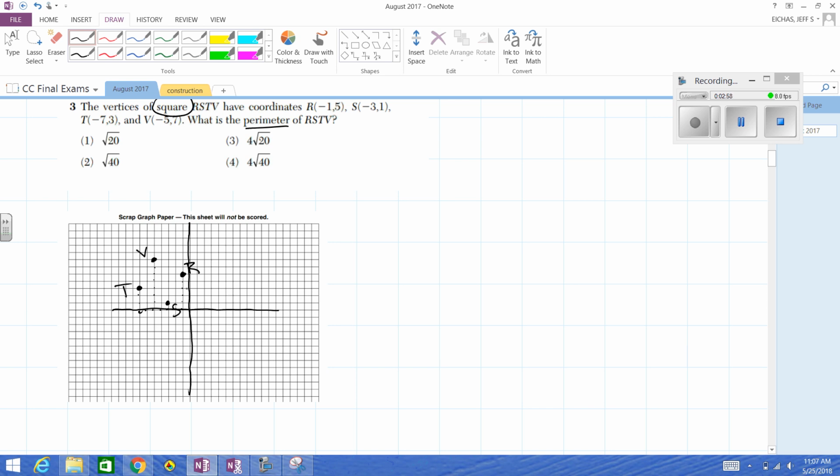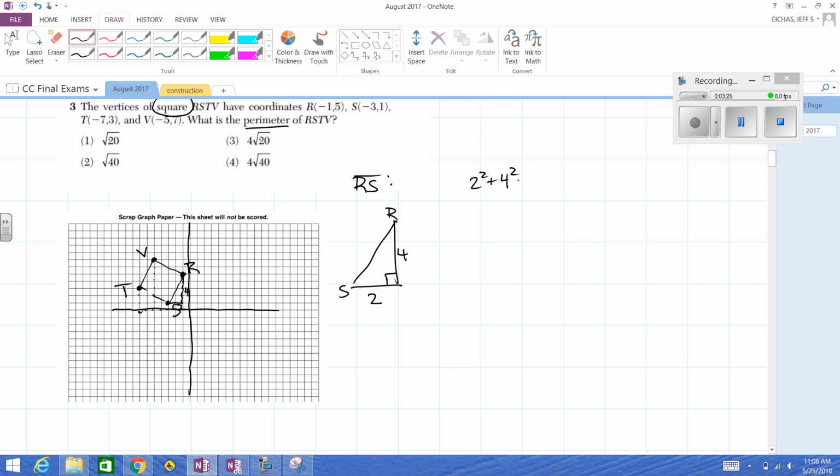T, and V. It says it's a square already, so I don't have to calculate the length of all 4 sides. I'm just going to calculate the length of RS. It's going to be 4 and 2. Up and down for RS is 4 for the change in y, 2 for the change in x.